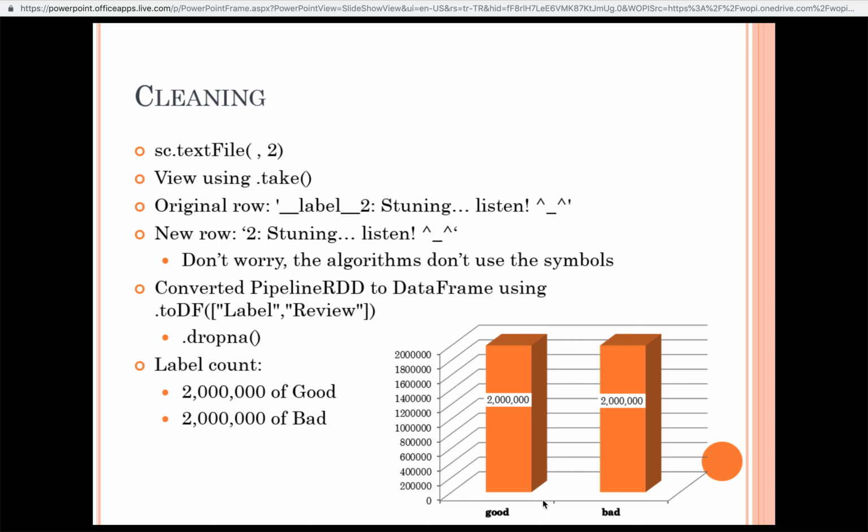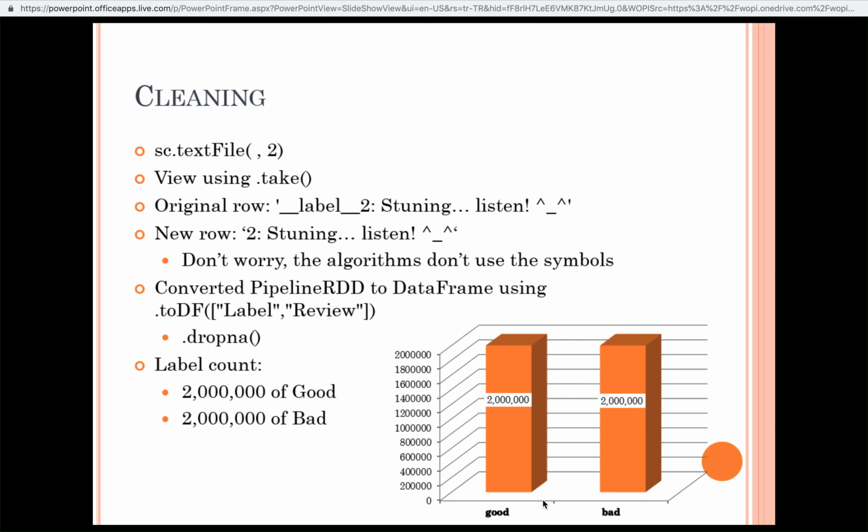We split the row after the label to get the number after that, then split again at the space after the 1 or 2 to have a sublist of label number and review. We then converted the RDD to a data frame with column names of label and review.